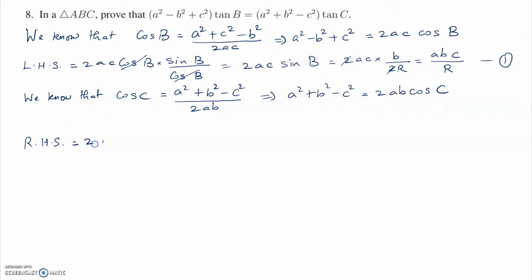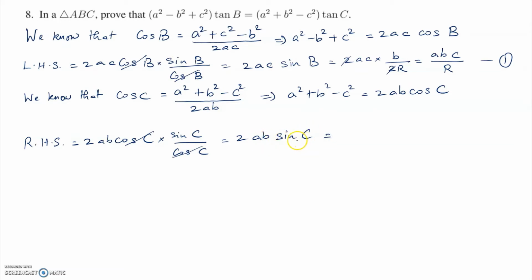So this becomes 2ab cos c times tan c. Instead of tan c, let's write sin c by cos c. Again, cos c and cos c will get cancelled, so you'll be left with 2ab sin c.